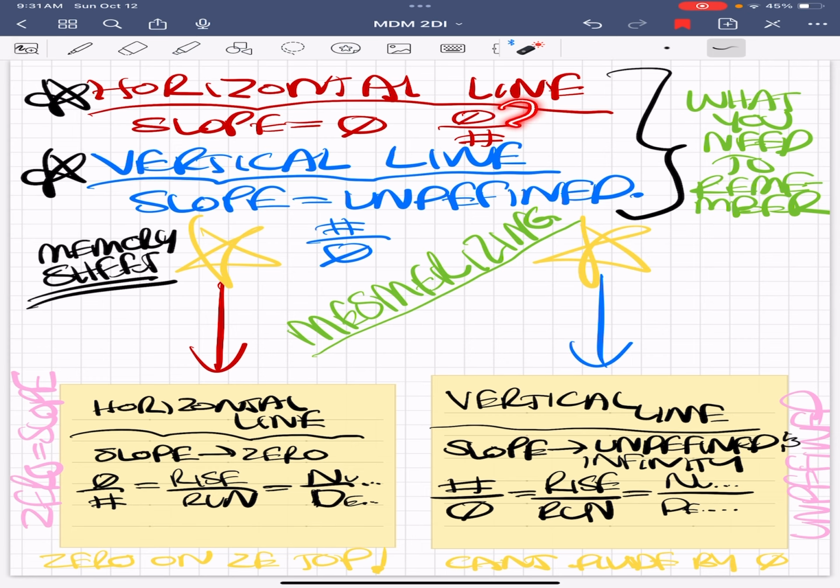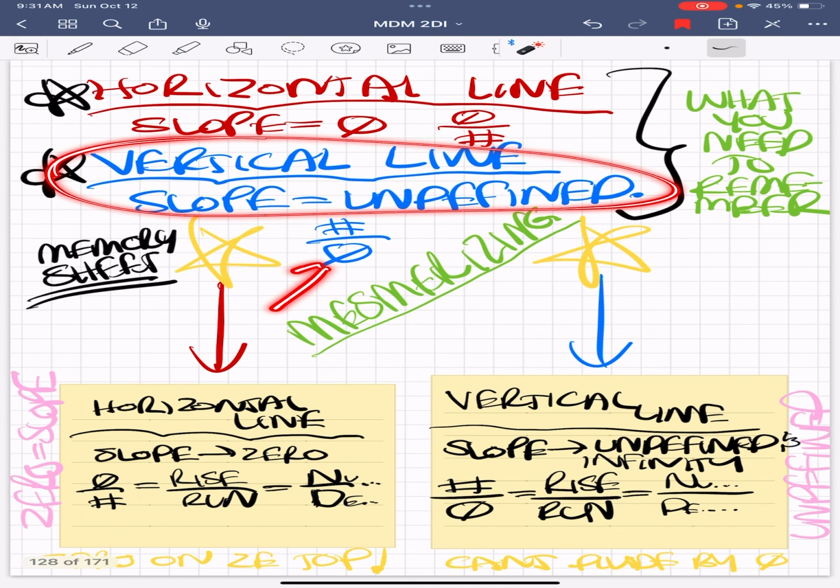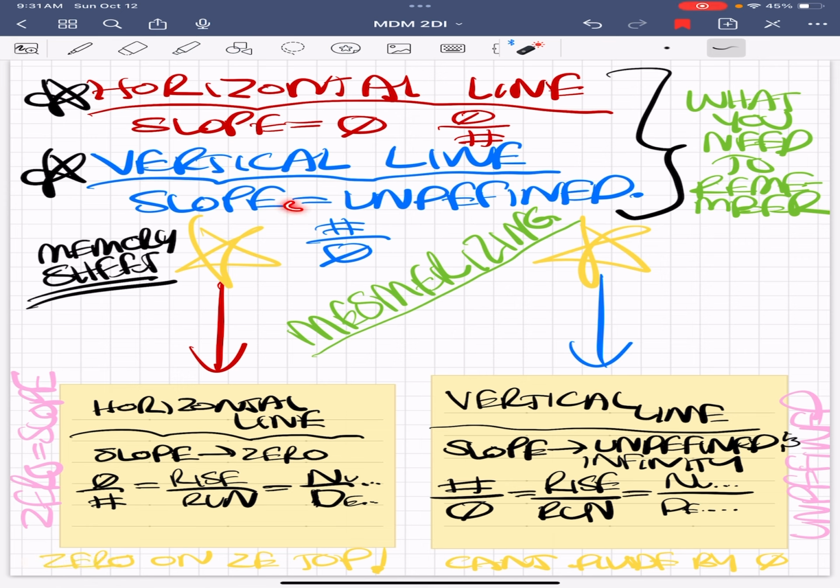And for vertical lines, slope is undefined. Divided by 0, we can't do that, meaning it becomes undefined. So again, horizontal lines, slope equals 0, with 0 as the numerator and a number on the bottom. And for vertical lines, slope is undefined or infinity, with a number on the top and 0 on the bottom. We can't divide by 0, meaning that our slope becomes undefined.